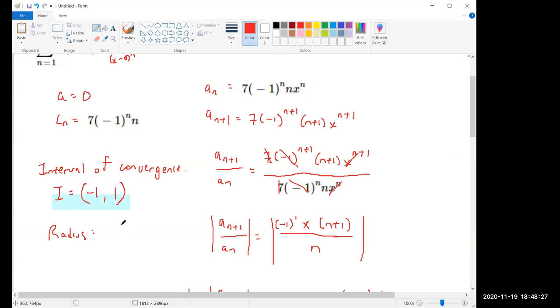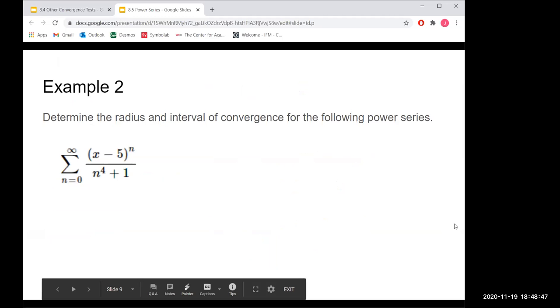It's just 1, because the distance from -1 to 1 is 2, and half of that distance is 1. Okay, so let's try this example.